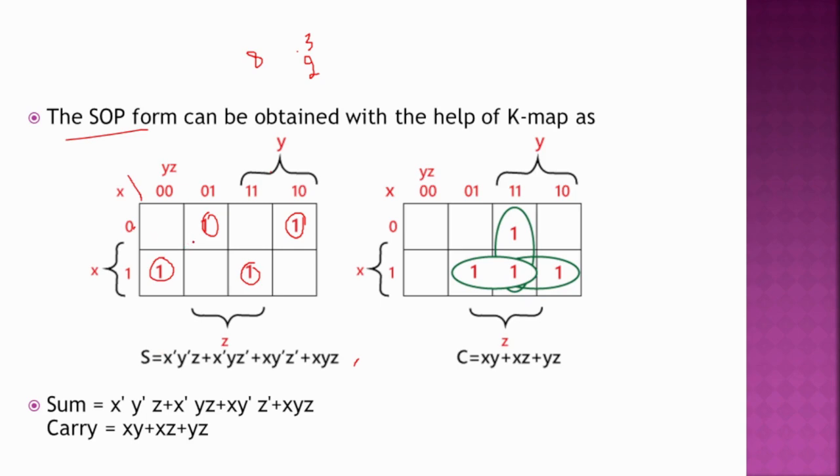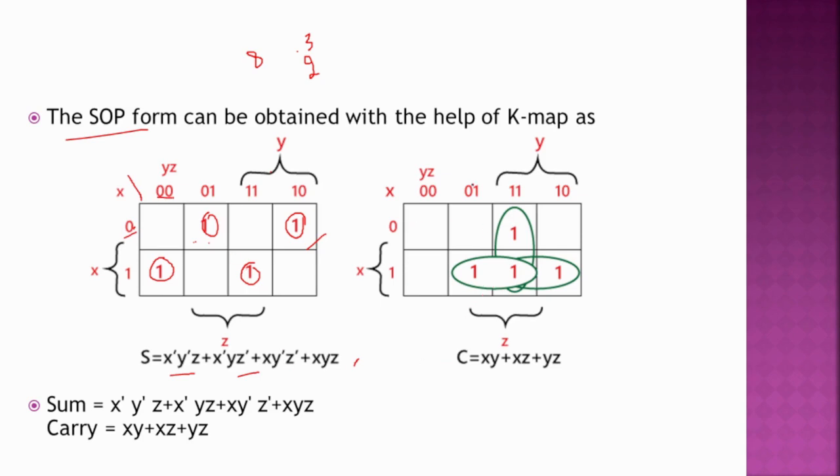This is the first one, x dash, y dash and z. Okay, so this one is x dash, y and z dash. This will be the x value and these two will be the y z value.